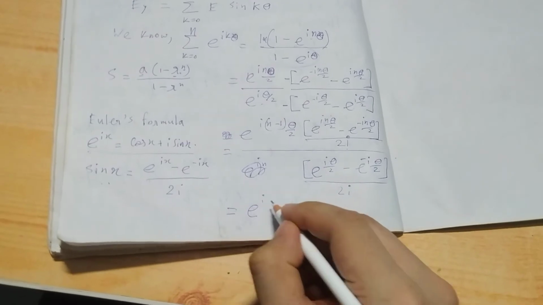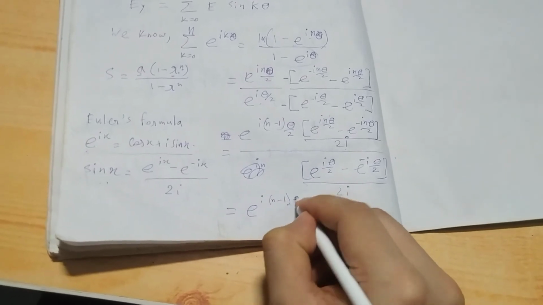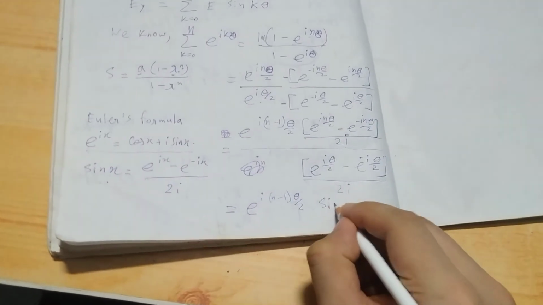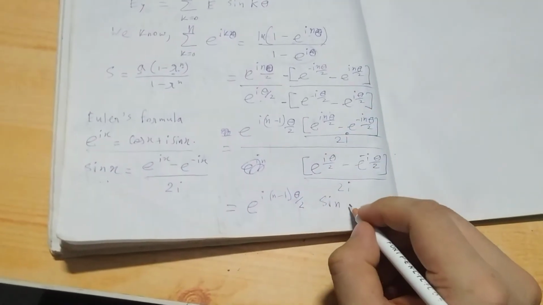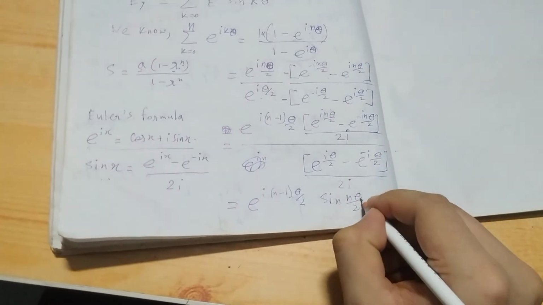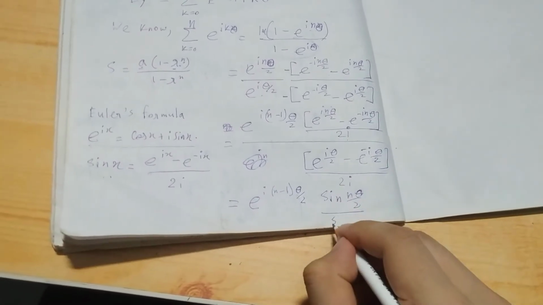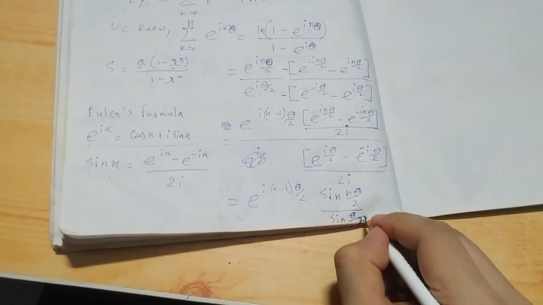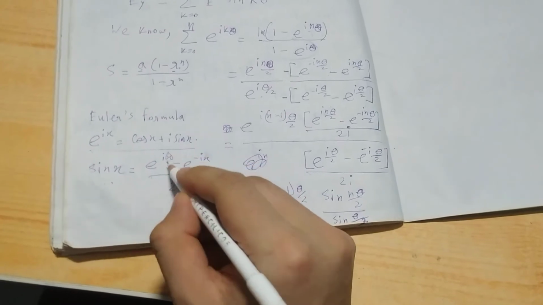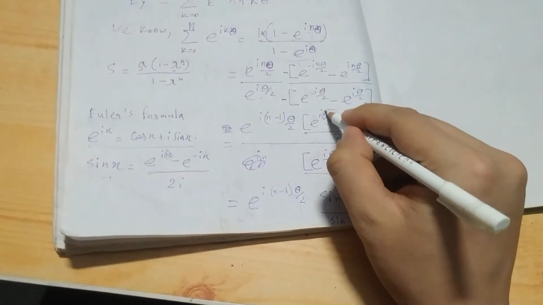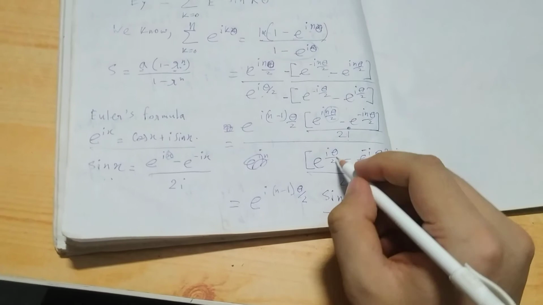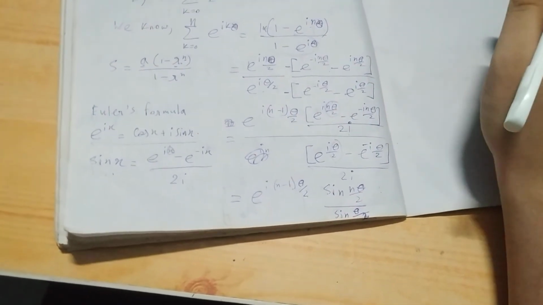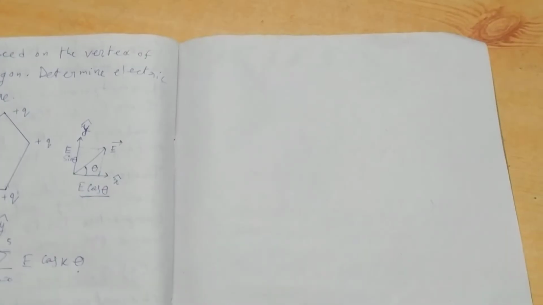So I write e to the i (n minus 1) theta by 2, and this will be sin n theta by 2 by sin theta by 2. Okay, so here x acts as n theta by 2, and here theta by 2. This is the thing. Let's move forward.